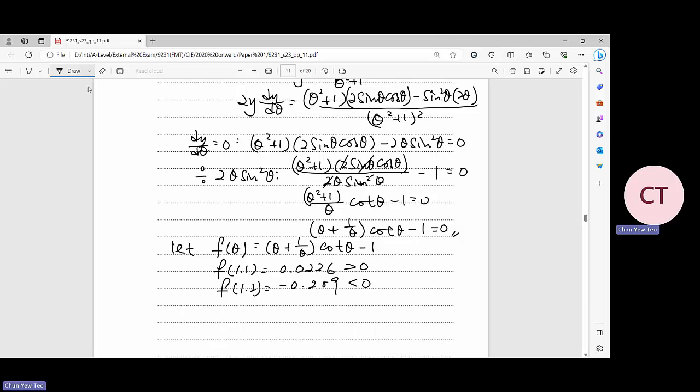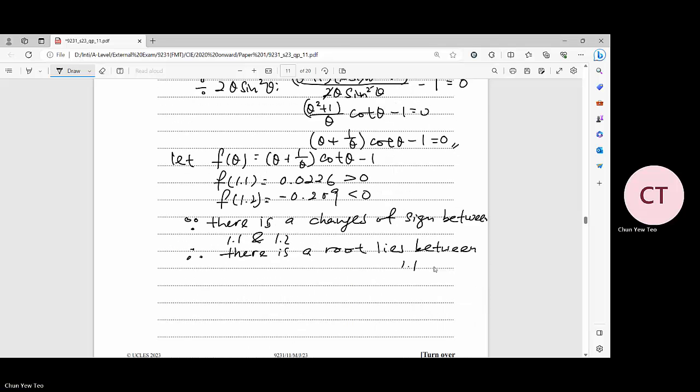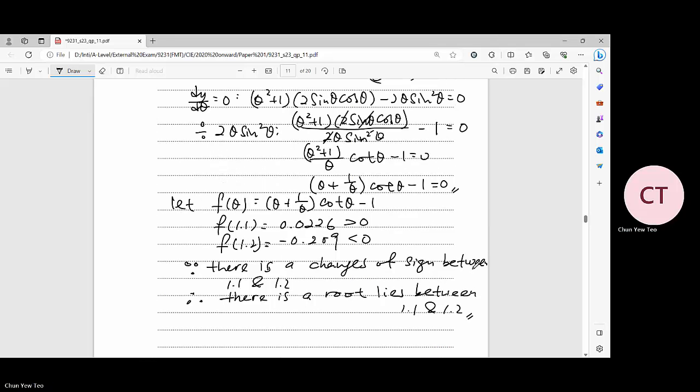So we just say that because there is a change of sign between 1.1 and 1.2, therefore there is a root that lies between 1.1 and 1.2. Just like that, done.